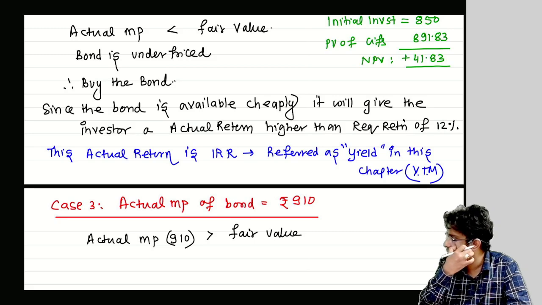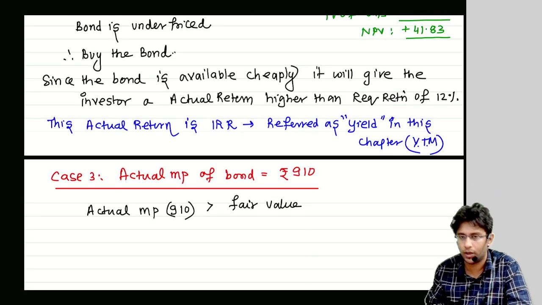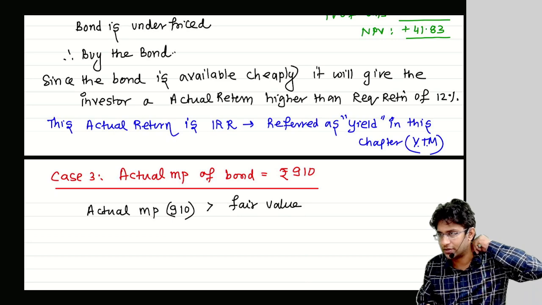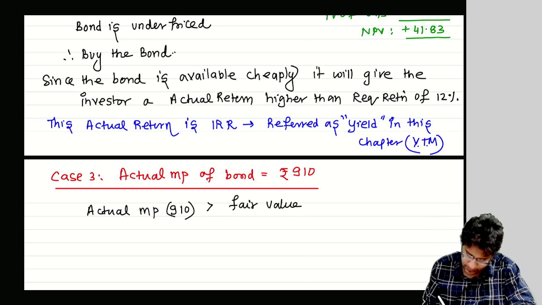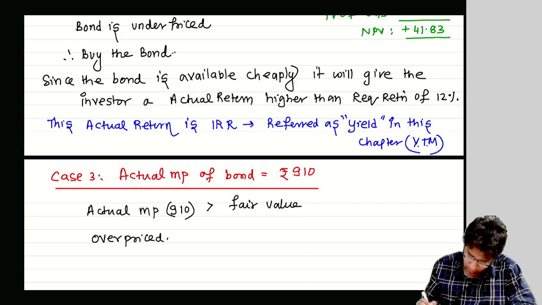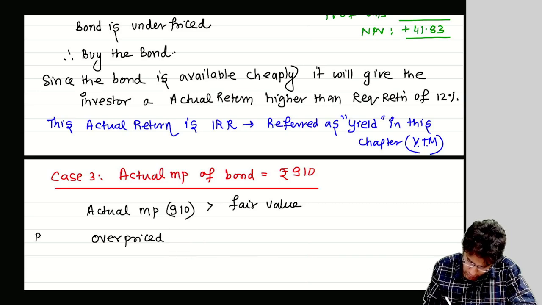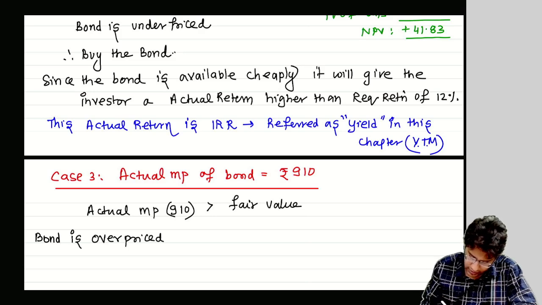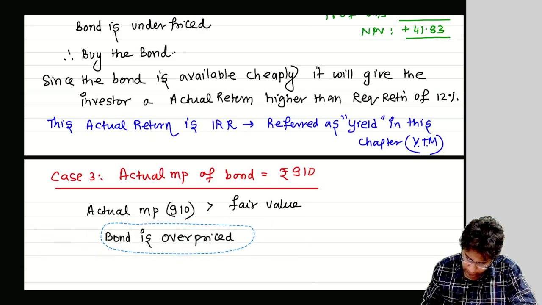If actual market price is higher than fair value of the bond, tell me, sir, is it correctly priced or underpriced? Overpriced. So your bond is overpriced clearly.